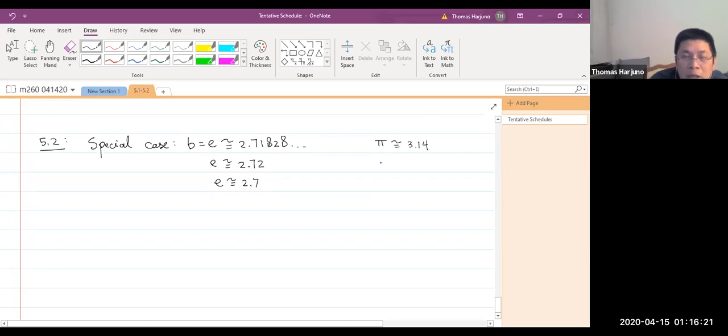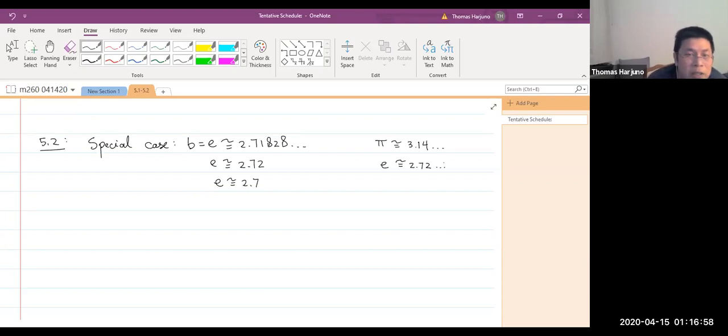We can say e is your second transcendental number, approximately 2.72 after we round it to two decimal places. Again, what's so important about this e, we can see much later, in calculus, or the earliest will be in 5.6 or 5.7.